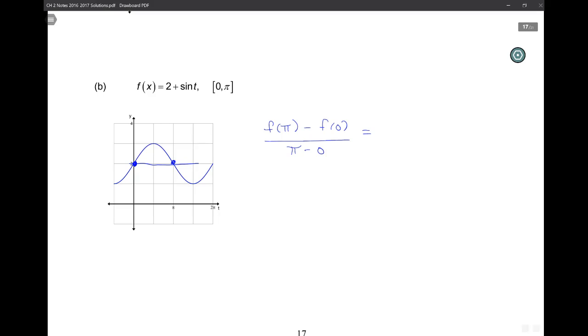I'm going to plug in pi. So we have 2 plus sine of pi minus 2 plus sine of 0. But what's sine of pi and sine of 0? 0. So I basically have 2 minus 2 on the top, so I get 0 over pi, which is 0. So yes, that confirms what I could see graphically.